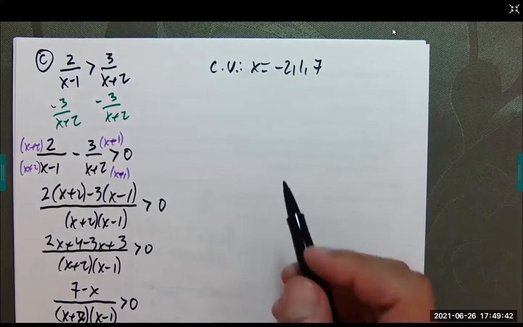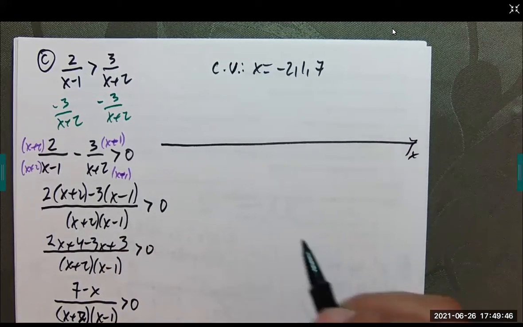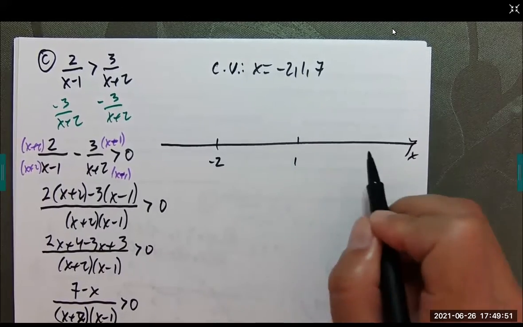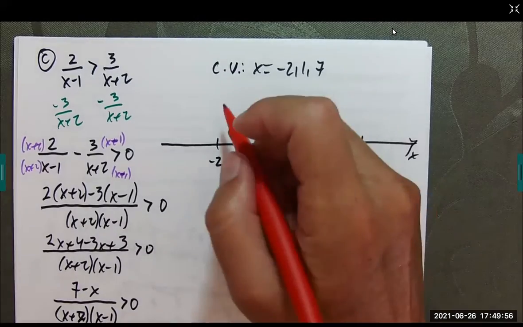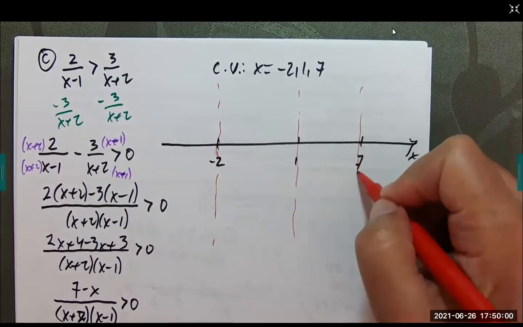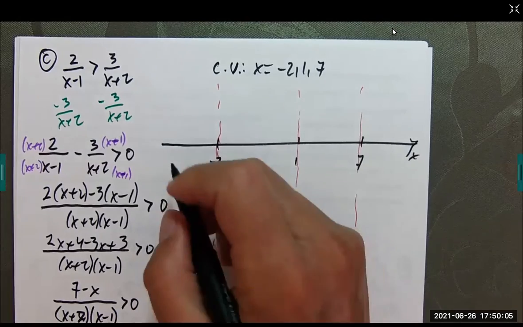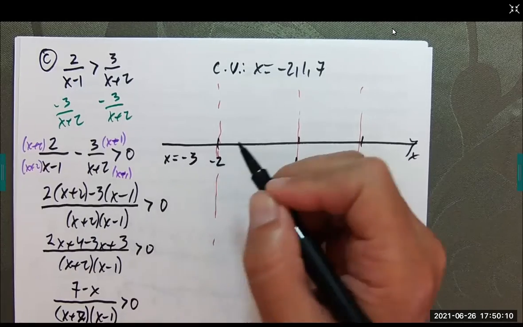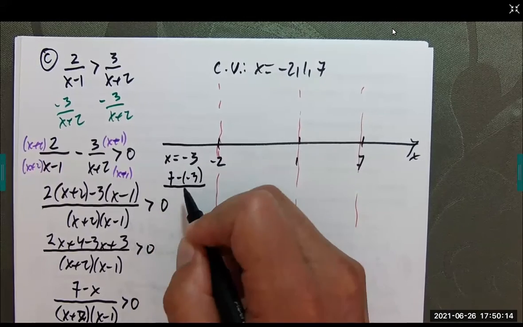So let's make this nice and big. We have lots of space to write. So -2, 1, 7. We'll just test a value in each of these 4 regions. So let's test x equals -3. So 7 minus -3, be careful there.